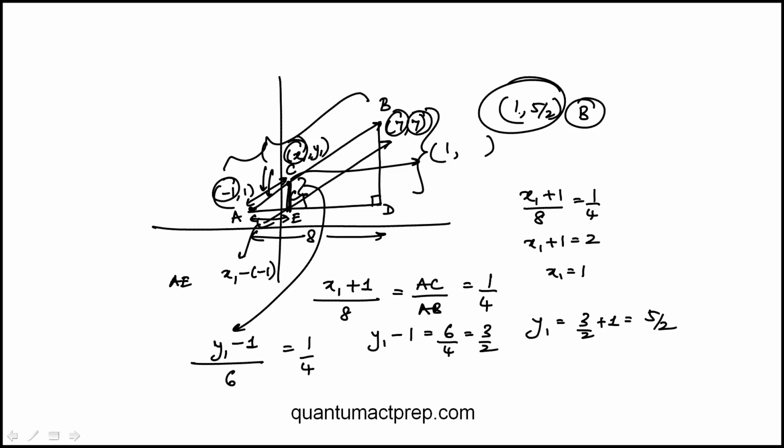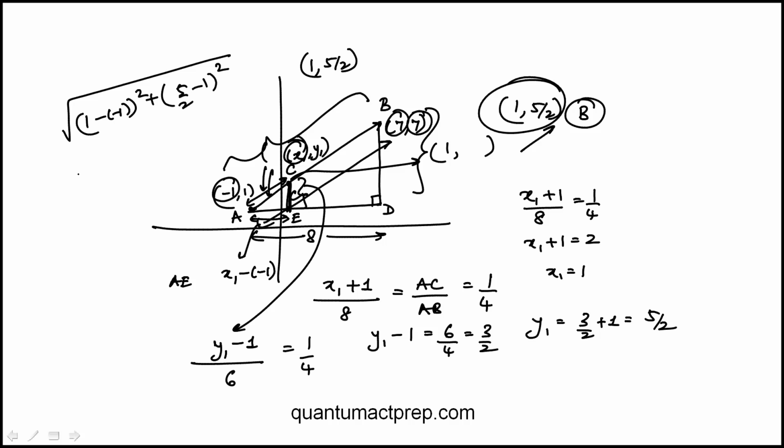You could use the answer choices, but obviously it's going to depend on luck, how many computations you have to do before you get to the right answer. But you could find the distance, for example. If we were doing answer choice B, we'd use the distance formula to find AC. So that would be the square root of (1 minus minus 1) squared plus (5/2 minus 1) squared. 2 squared is 4, and 3/2 squared is 9/4.